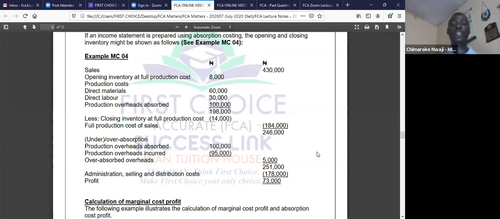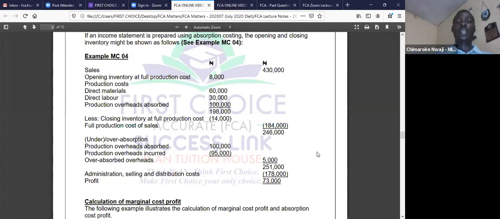Your closing inventory will be at full cost. We assume it to be 14,000. So when we remove 14,000 from 198, all we have is 184, which moves to the other side. Yes, full production cost of sales is 184,000. So you see, it is saying full production costs of sales. That means variable cost is there, fixed cost is there. Fine. Now you have 430 minus 184 equals 246,000.